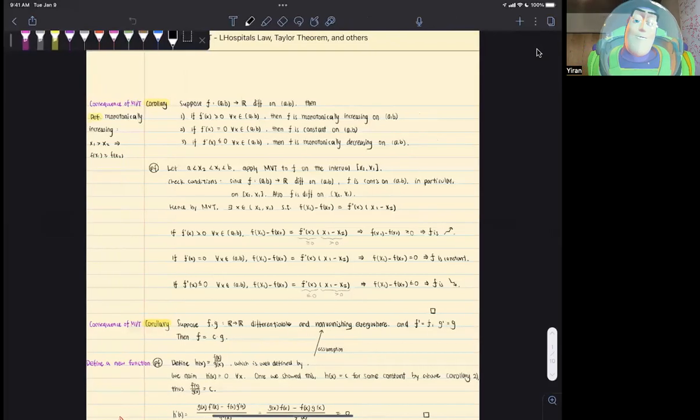So today, because it's a very important theorem and it has a lot of consequences that are very interesting, I'm going to introduce some small consequences that you must have seen in your calculus classes. And then I will prove two major theorems, which are L'Hopital's rule and Taylor's theorem.